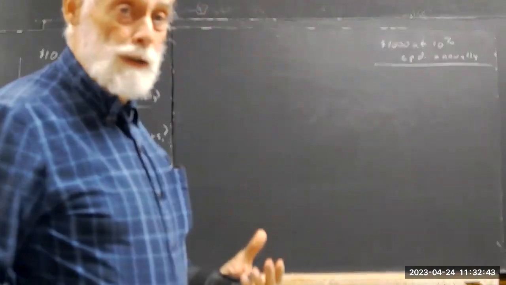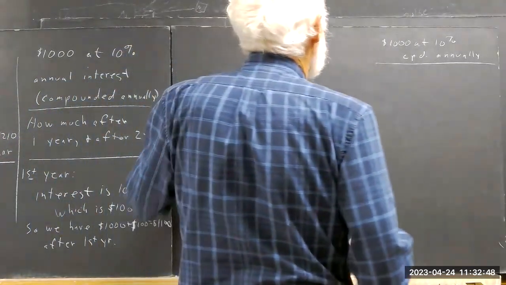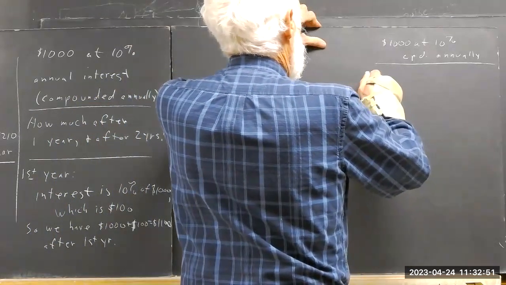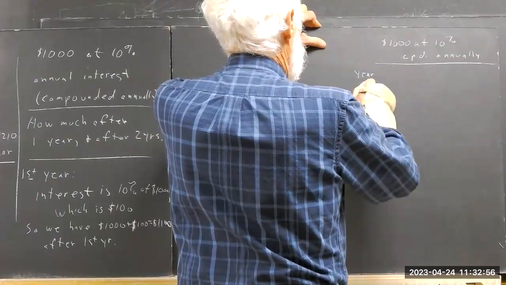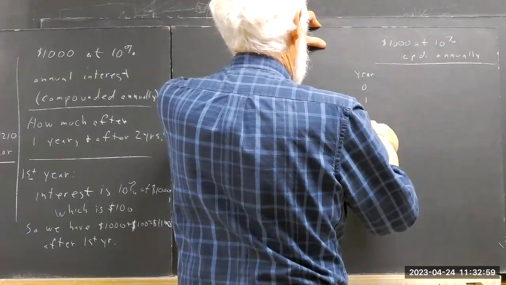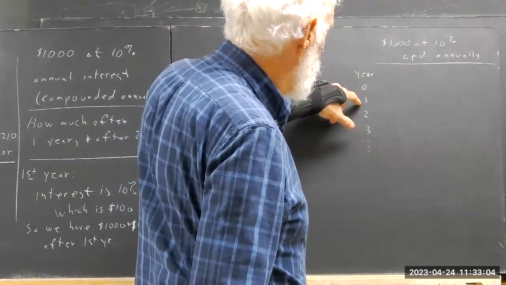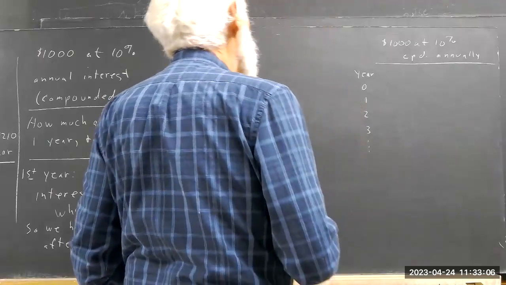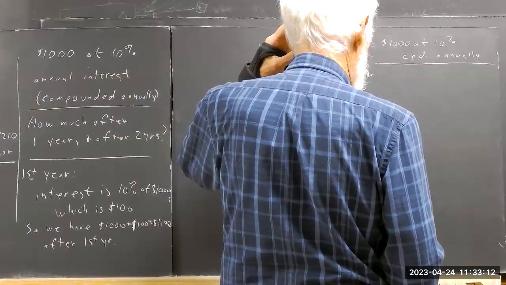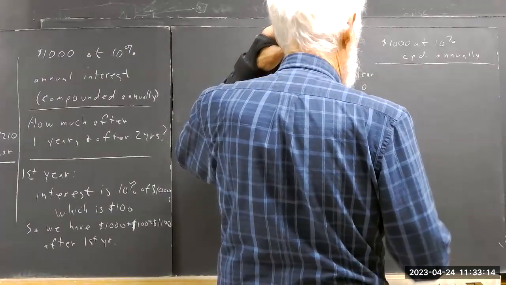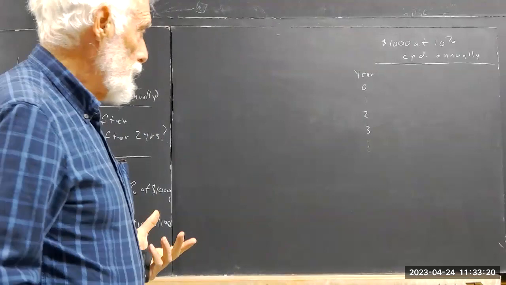I'm not going to do the calculations. I'm going to do year 0, 1, 2, 3, and so forth. I'm debating about how much to shortcut this.